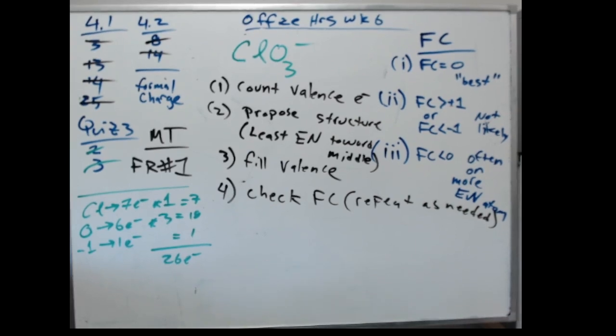When I'm done making my Lewis structure and I think I've filled my valence, I better have 26 electrons around. Did I do my math right? Probably. Okay, good. 7 plus 18 plus 1, yeah, 26.